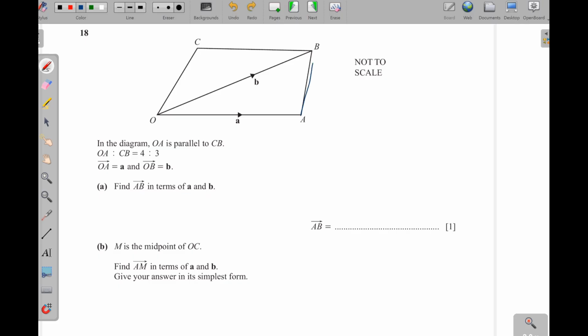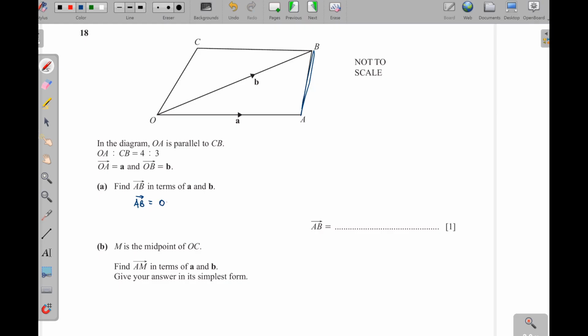So AB is AO plus OB, but AO, you are moving in the negative direction of OA, you see? So that means you will have B minus the A. So I have always said that if you're looking for AB, what you do, you get the last minus the first, okay?